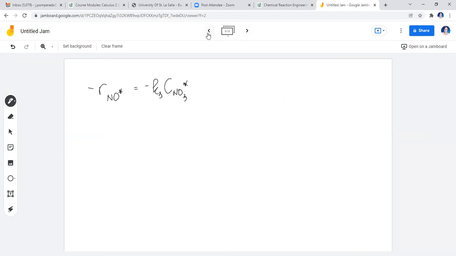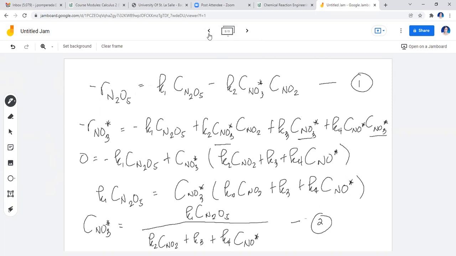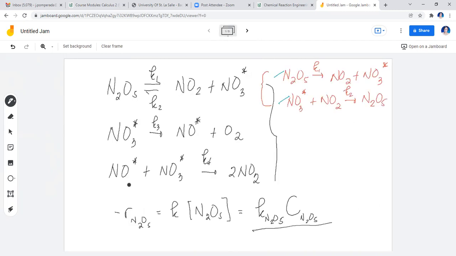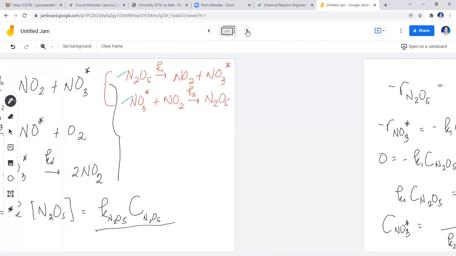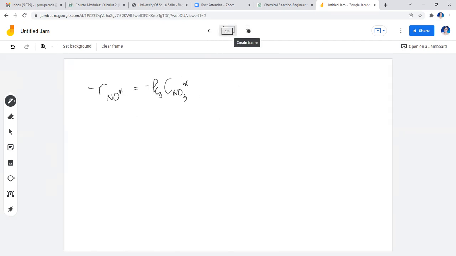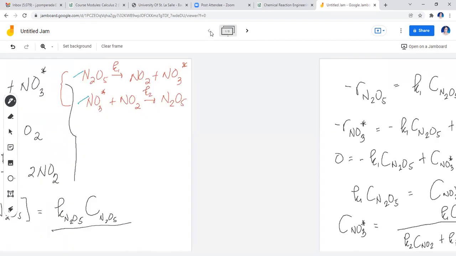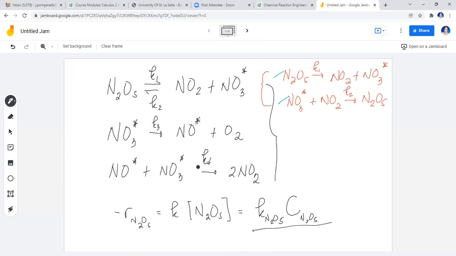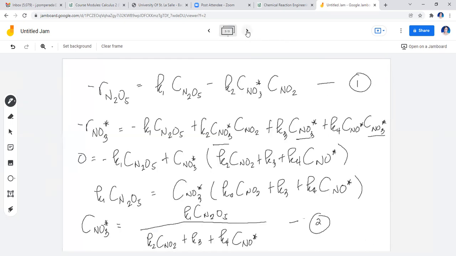Okay? And then we have another one here where it's already a reacting species, NO and NO3, with K4 as the rate constant. So it's a reactant, so plus K4 concentration of NO3 asterisk concentration of NO asterisk. Let me check. So it's NO3 and NO and K4 as the rate constant.